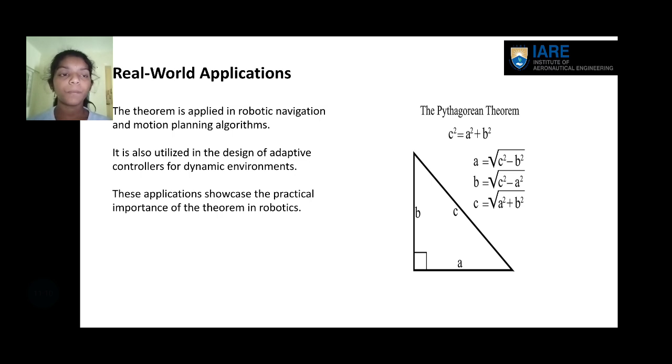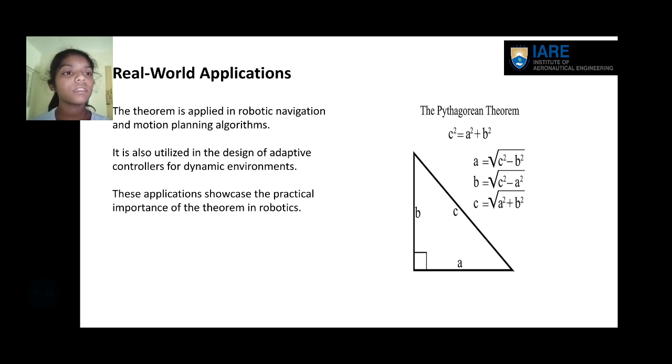Real-world application. Here the theorem is applied in robotic navigation and motion planning algorithms. It is also utilized in the design of adaptive controllers for dynamic environments. These applications showcase the practical importance of the theorem in robotics.